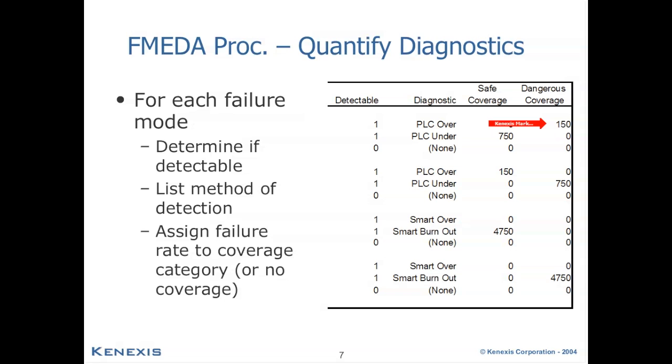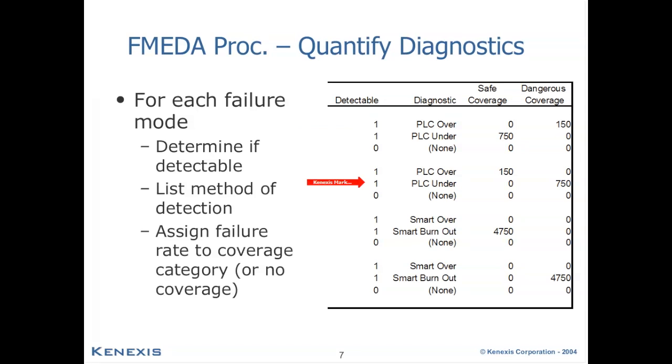Since it is detectable, we will transfer that number over to the detectable column. So you'll see on this spreadsheet that most of the failures here are detectable except for these 4, and the description on these is essentially you're stuck in place, or a dangerous undetected failure. For that, there is no diagnostic, and because we put a 0 here, there's no failure rate carried over into the covered column.